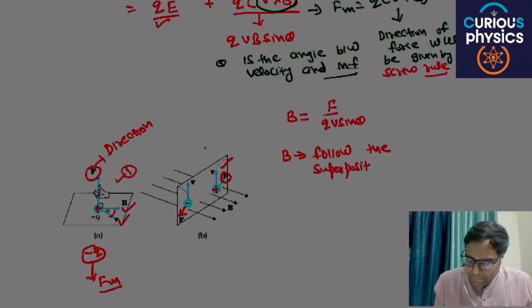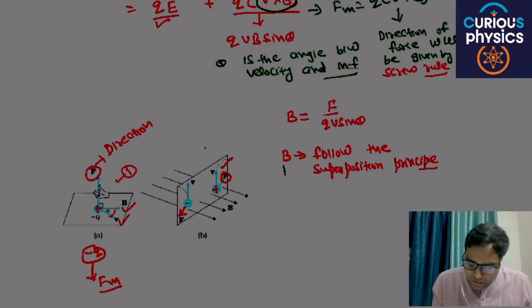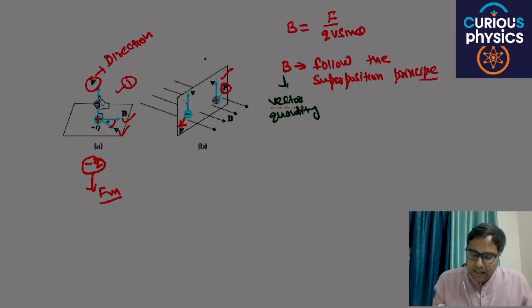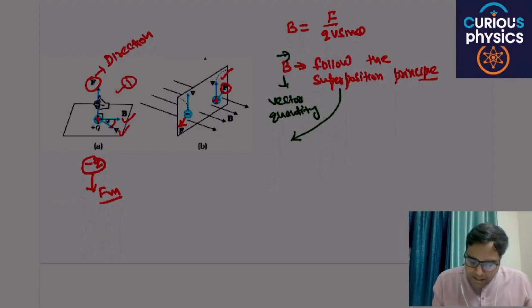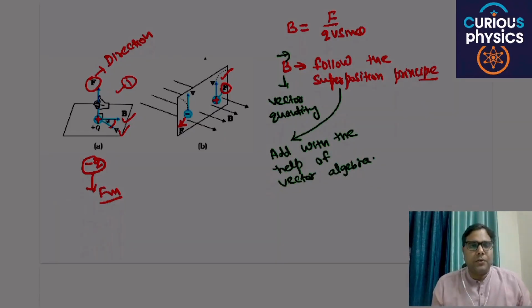Superposition principle means that if you have magnetic fields due to various sources, and this is a vector quantity, that's why superposition, then the magnetic fields due to various sources add with the help of vector algebra. Are you getting my point or not?